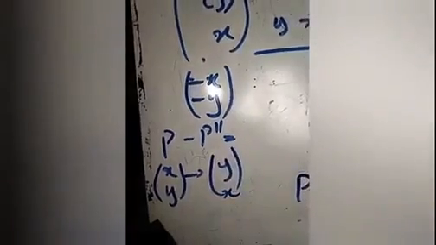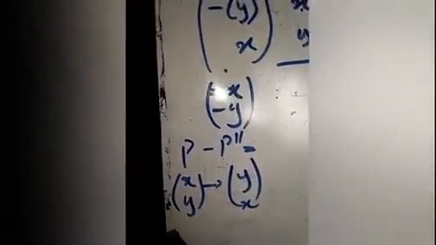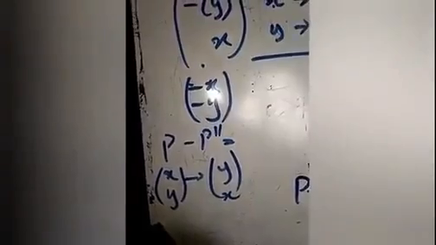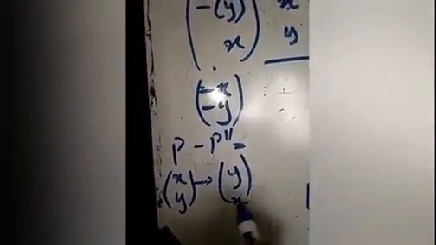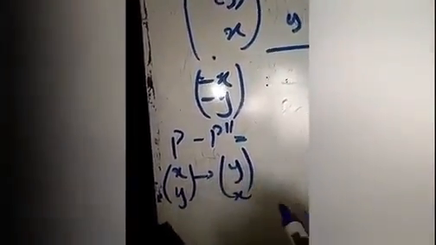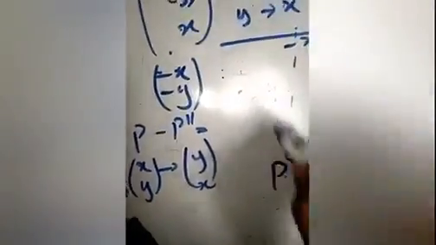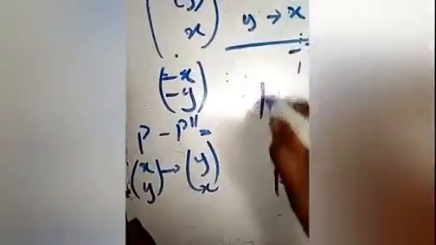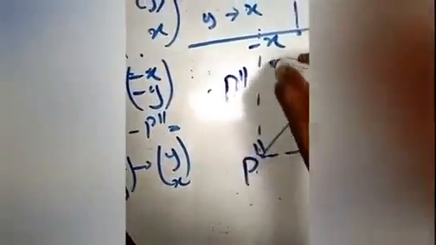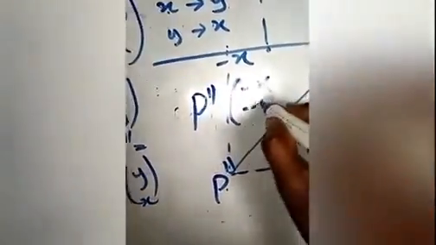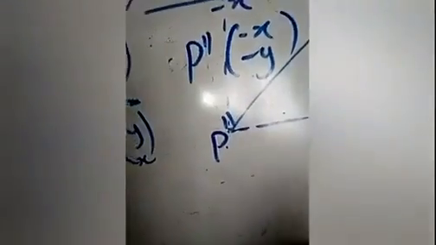But now that it is coming this way, this is supposed to happen at the positive, but because it is happening at the negative now, it remains that at 180 degrees, my p prime prime maps onto minus x and minus y at this point.